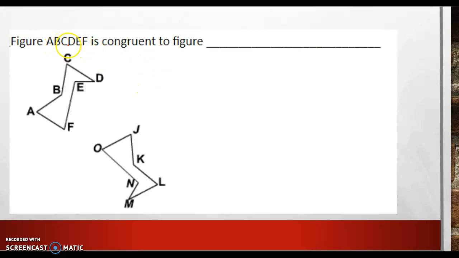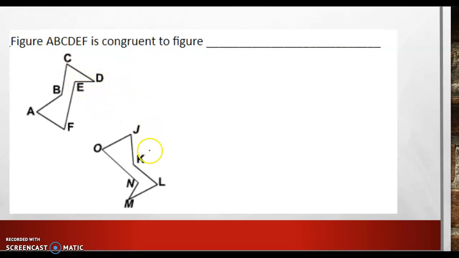Now I have ABCDEF. ABCDEF is congruent to a figure, so we have to write the congruent statement. You have to visually see, if I were to stack these on top of each other, what would the corresponding parts be? So think about rotating this around so they line up together. I have to find the corresponding part to A and list that first.